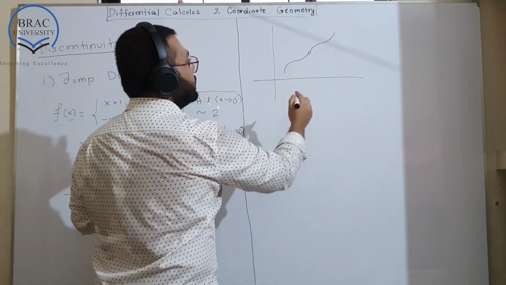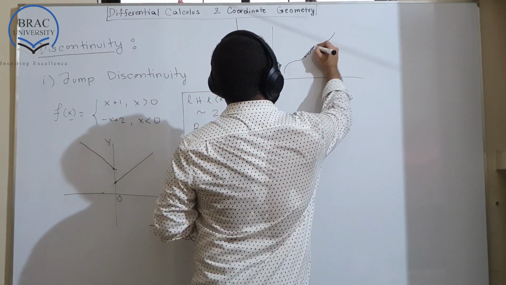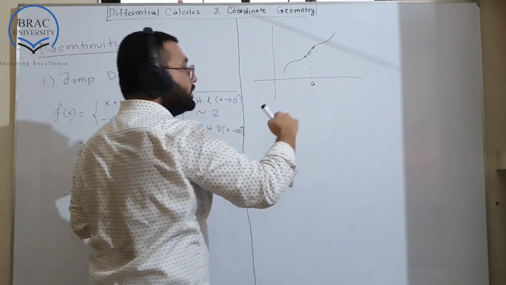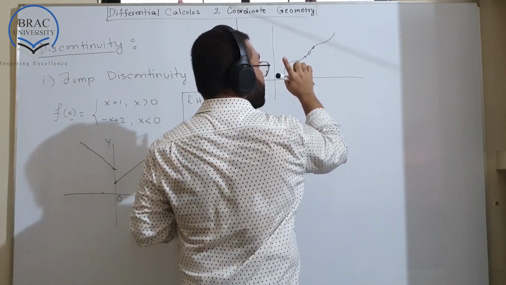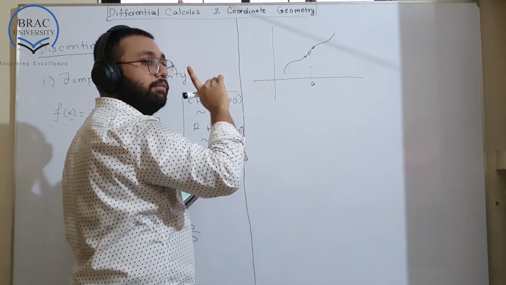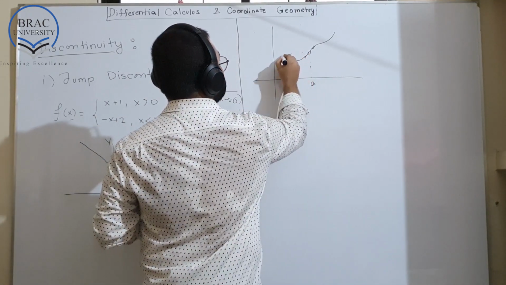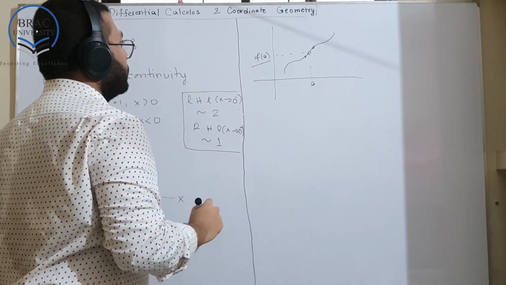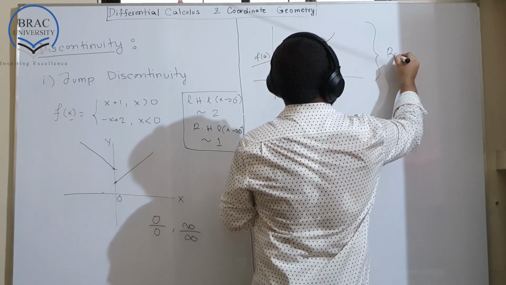Why so? Because the left-hand limit and the right-hand limit go towards the same value, but the function does not have that value. The left-hand limit and the right-hand limit approach a certain value. What's that certain value? f of a. This is called a removable discontinuity.